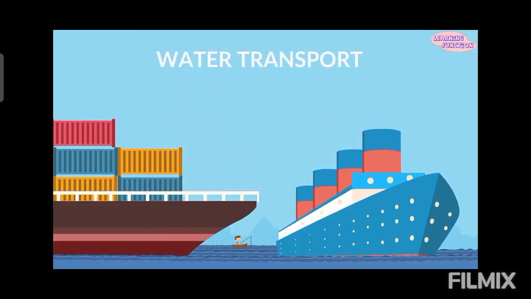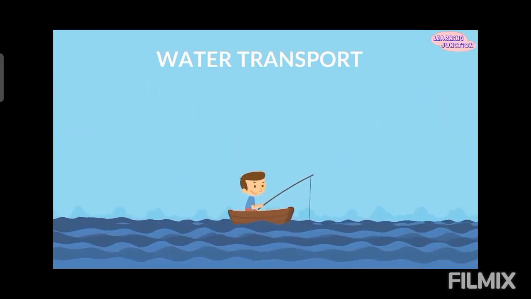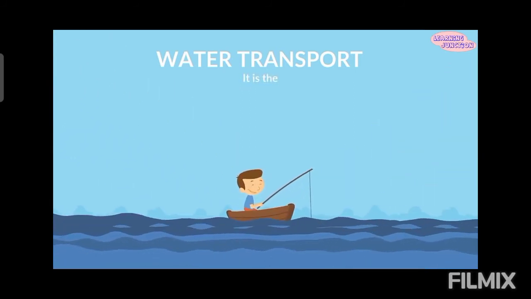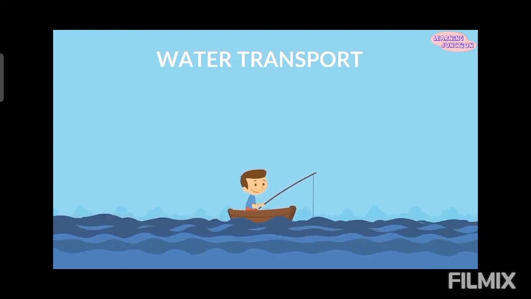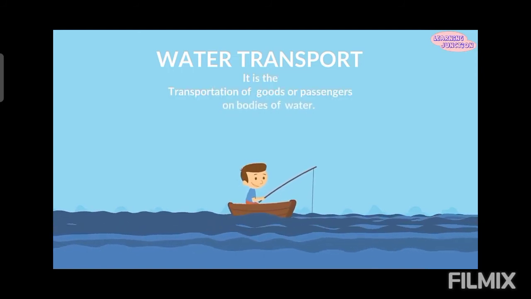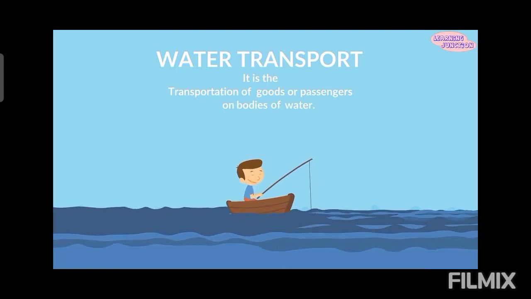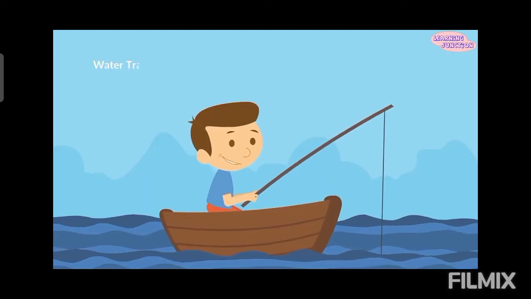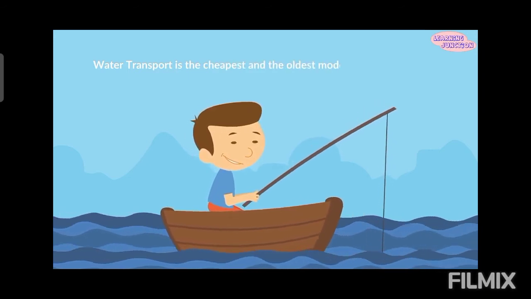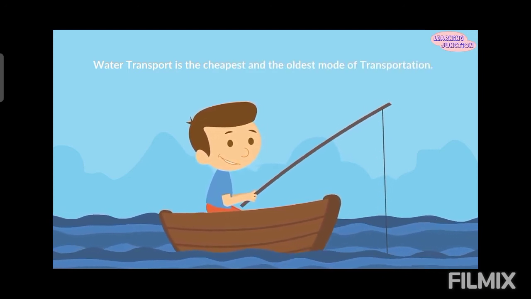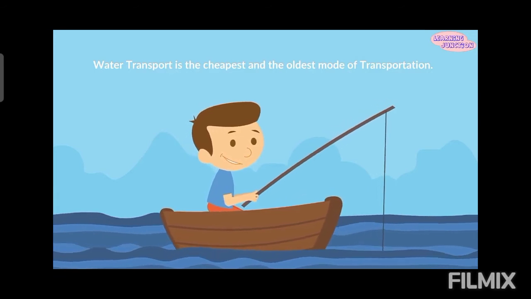Now we can move to water transport. Before, for moving small distances, we used small boats. It is the transportation of goods and passengers on water. Water transport is the cheapest and oldest mode of transportation.